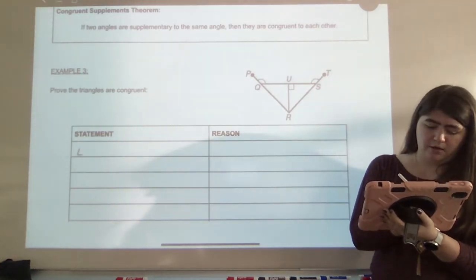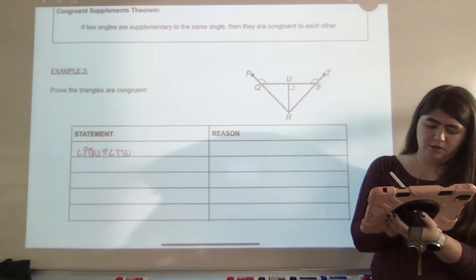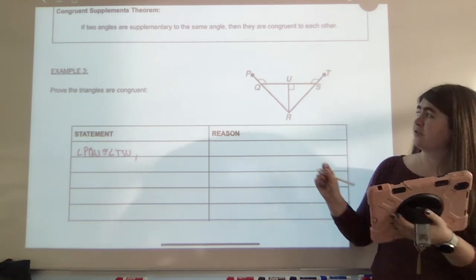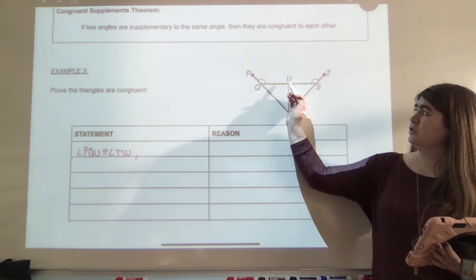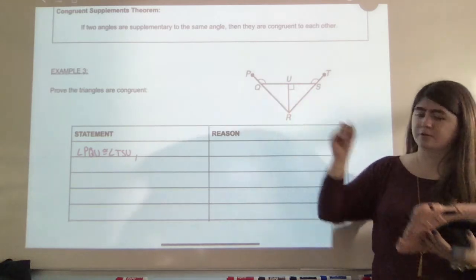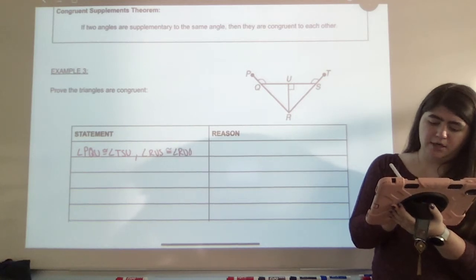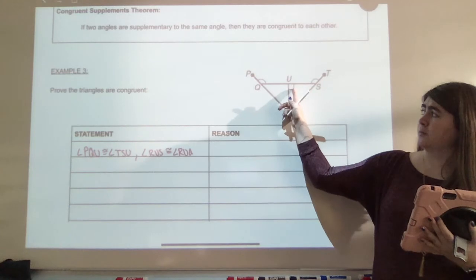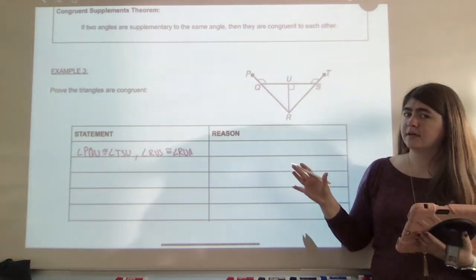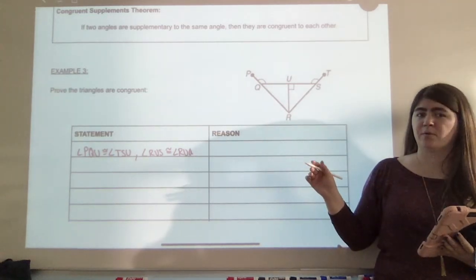So I have angle PQU is congruent to angle TSU, and I also have that angle RUS is congruent to angle RUQ, and I know that because I have this right angle marking here. So technically, the first one is given, and the second one is by the definition of a right angle.